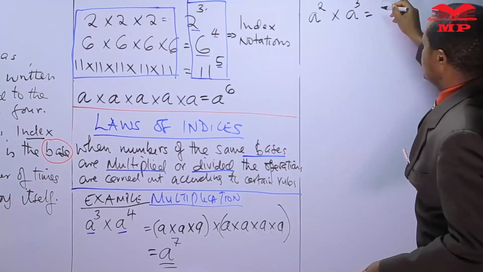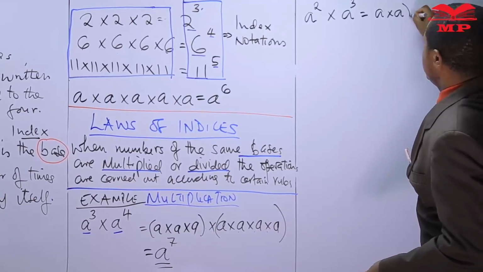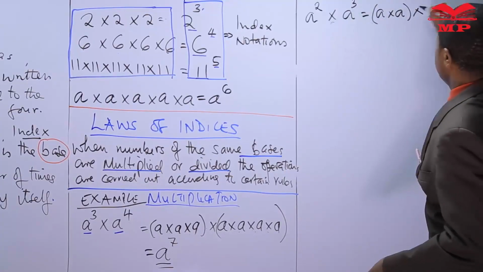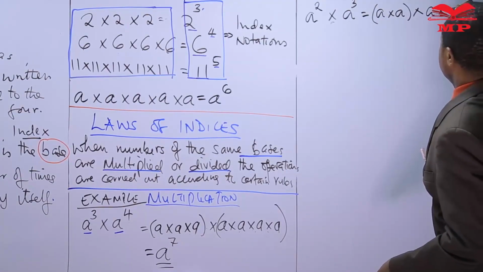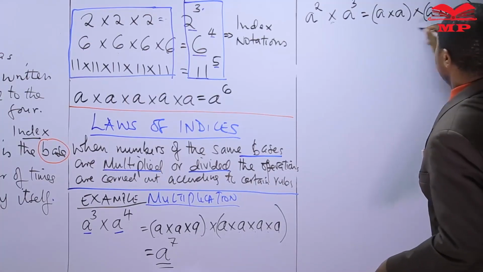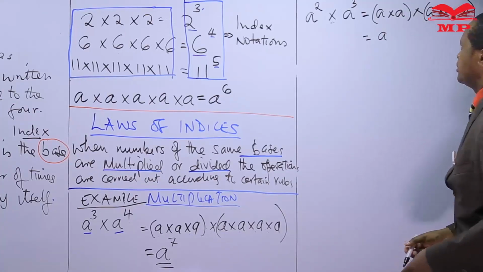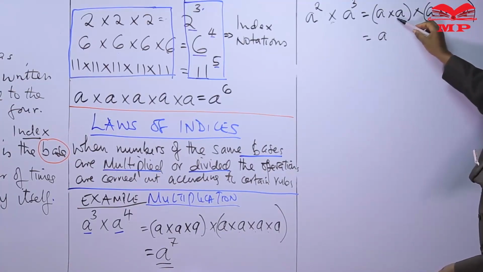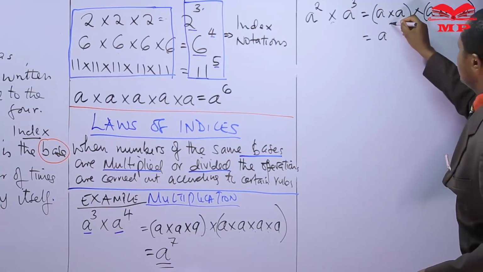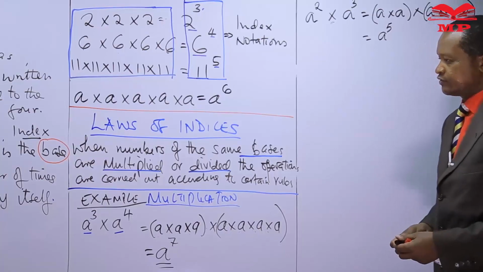This will be equal to A times A times A times A times A, which will be equal to A to the power of 1, 2, 3, 4, 5. A to the power of 5.